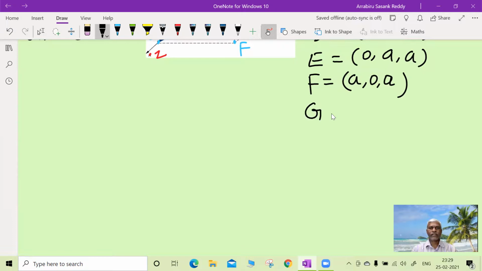And G is on all the axes x, y, z, G point a comma a comma a.